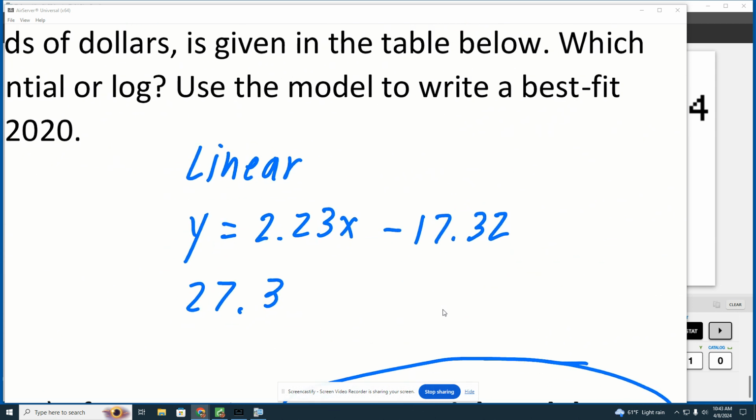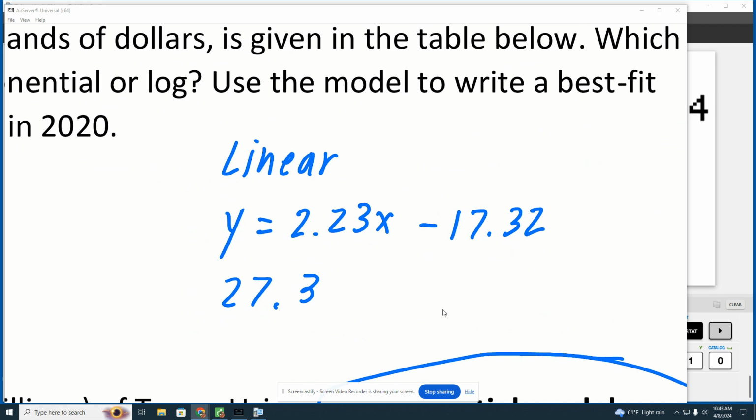Yes, it was definitely linear. If you run a lin reg, you should have gotten the equation approximately 2.23x minus 17.32. If you use years from 2000 just like I did, it should have been very close. Our predicted value should have all been very close to 27.3.